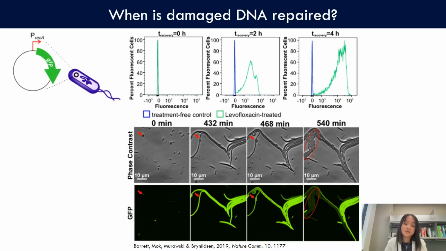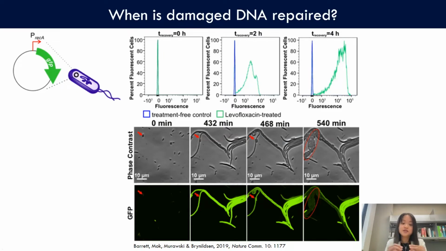And as they had time to recover in the presence of nutrients when the drug has been diluted to sub-MIC levels, we see that the majority of cells in the population fluoresced, and they also filamented, as you can see in the image at the 432-minute mark. And so they fluoresced and filamented regardless of whether they go on to live or to die.